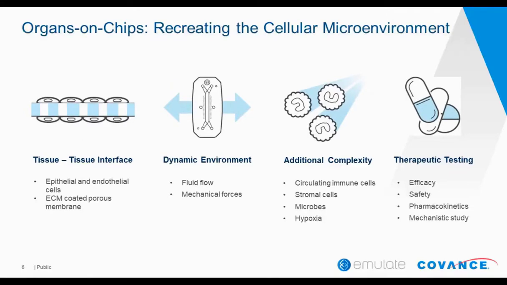We can also add pathogenic or commensal microbes on the tissue layer, and we can even create a hypoxic system to provide a more in vivo relevant microenvironment within the chip. So all of this is designed to build organs-on-chips to be used for various applications, including compound efficacy, safety, pharmacokinetics, and mechanistic investigation.